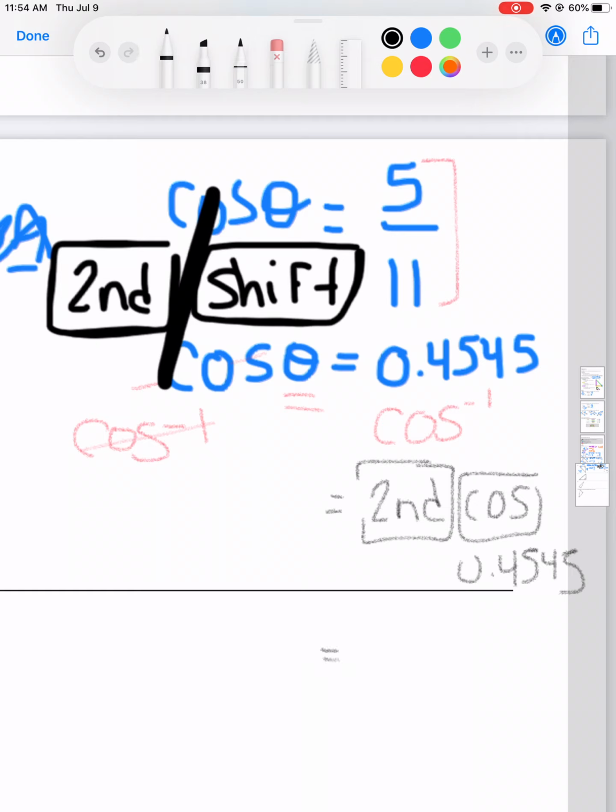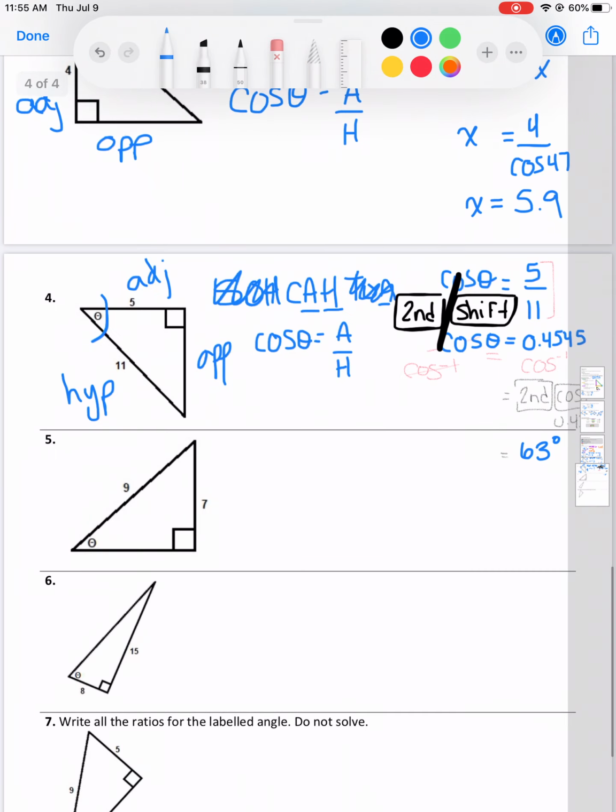Try it. I get 62.96, so 63. If you didn't get that, you have to let me know, because then all your answers on your final will be wrong. So a little bit different there. Hopefully that makes sense for you.